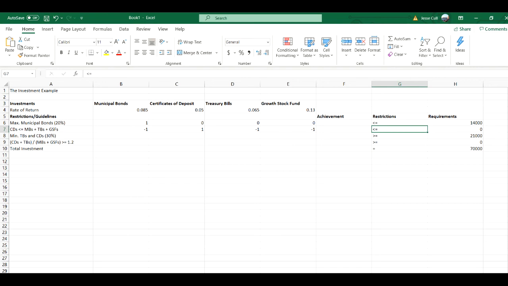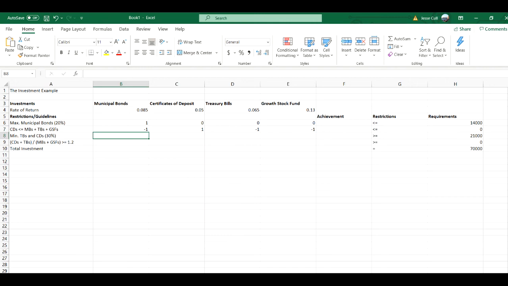Achievement once again. So how much is it going to be is equal to this times this total, or the number of municipal bonds, plus, and I'm going to do the formula for simplicity to be clear, but we could end it here because the other three are 0 and will not impact the equation.